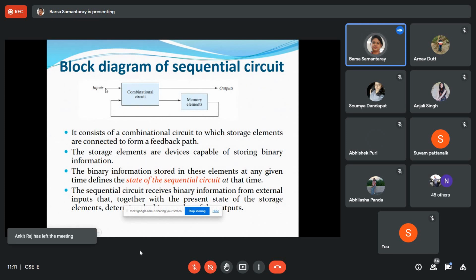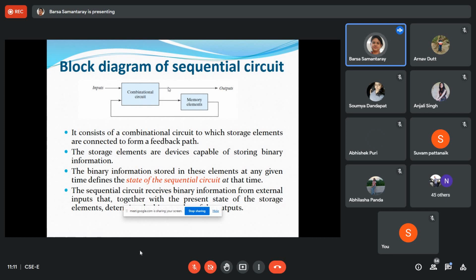This memory input and this current input will be passed to the combinational circuit, and the combinational circuit output is a new output. Now this output changes to 1. This output is kept in your memory element. Then this again is fed here, and that will change my next output.